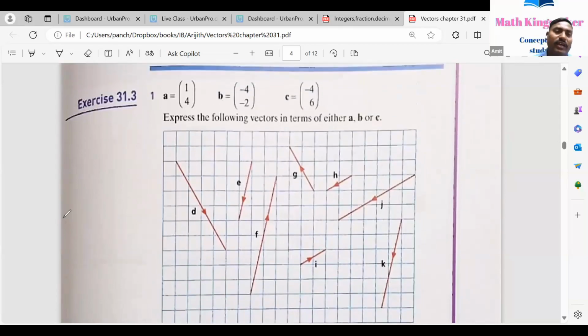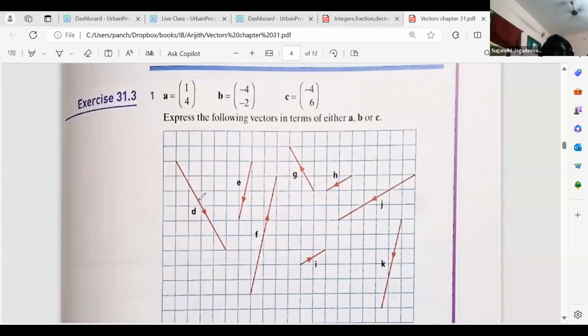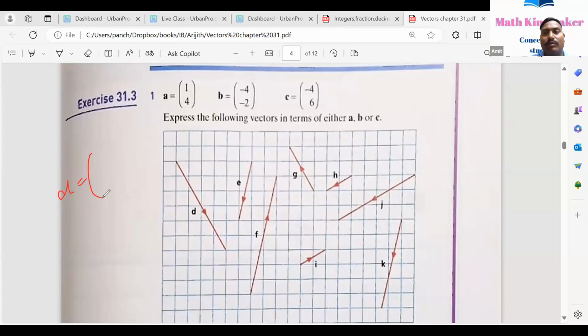Now this D vector, how much is it? It will be -4, 6. How are you deciding -4? You just see the arrow. The arrow is indicating the top, so that is the top. This is the bottom. You have to start from the bottom.